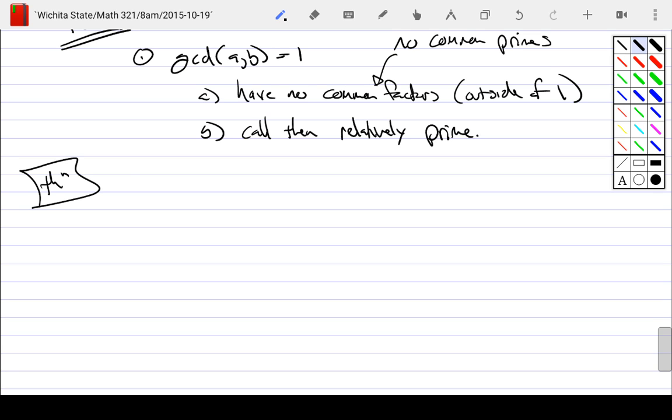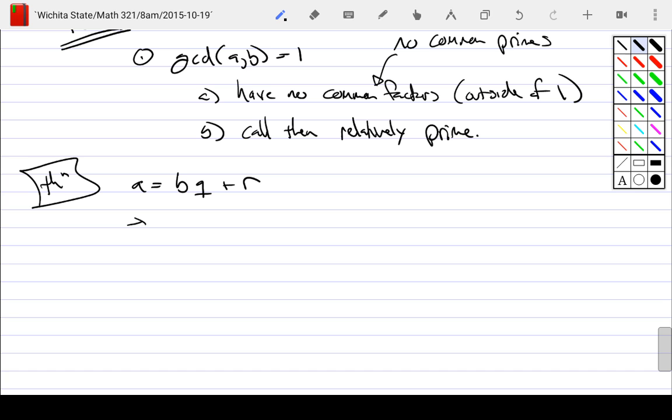is that if you can go ahead and write A equals BQ plus R, so you can do the division algorithm, this idea of sharing algorithm. A is bigger than B, and you can say, okay, A is how many B's plus R? We would work this entire problem out.